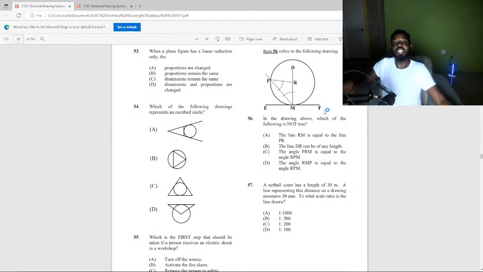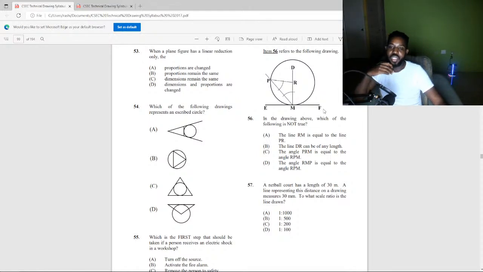Alright, number 56. In the drawing above, which of the following is not true? The line RM is equal to the line PR. It could be. The line DR can be of any length. Well, that looks true.